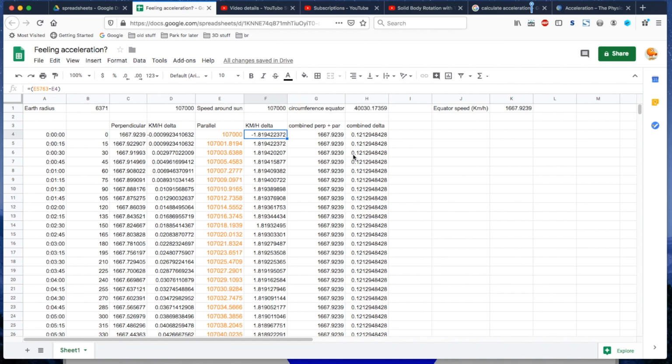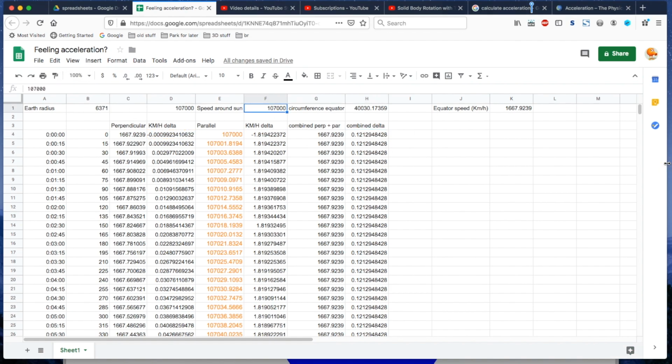Kilometers per hour delta parallel is this minus this. So now I have a difference in kilometers per hour. I recomputed this value with this equation, and I did something similar for the two kilometer per hour deltas to give me a combined delta. But because these are in 15-second increments, I divided the result by 15.